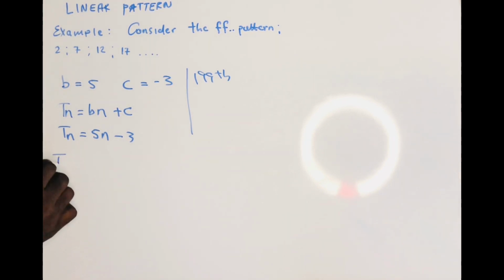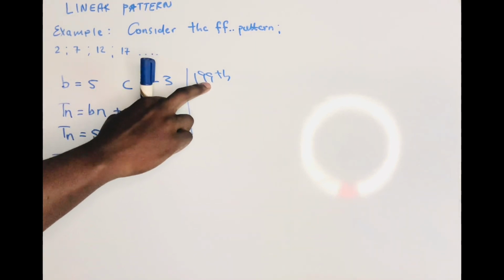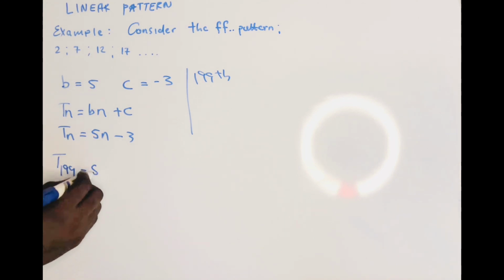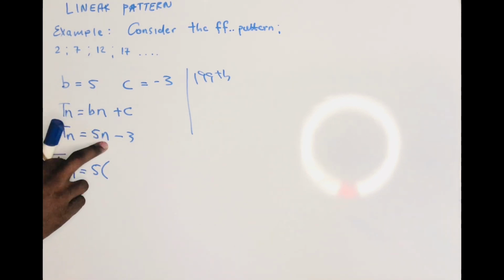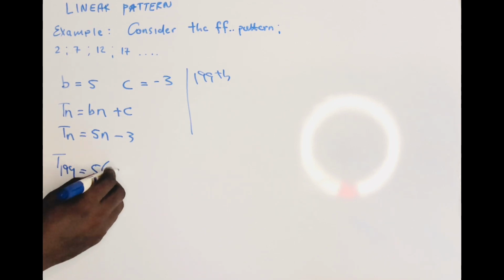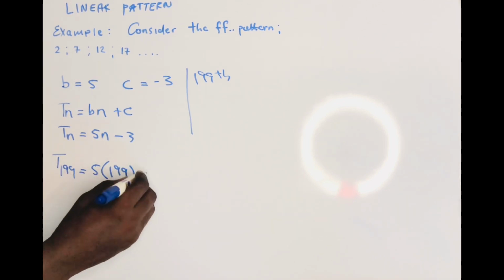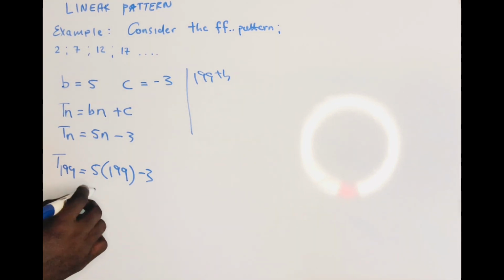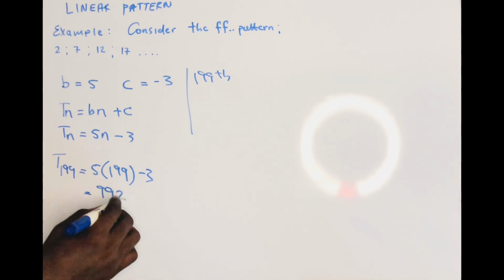So we're going to say T, instead of n, we know now that we are in position 199, equals to 5 multiplied by 199 minus 3. And then if you punch this on your calculator, 5 times 199, you get 995 minus 3. That's going to be 992.